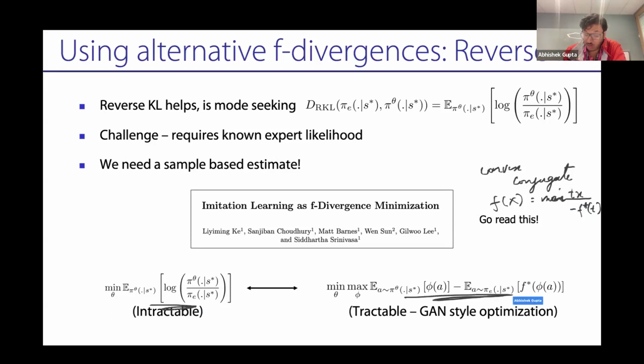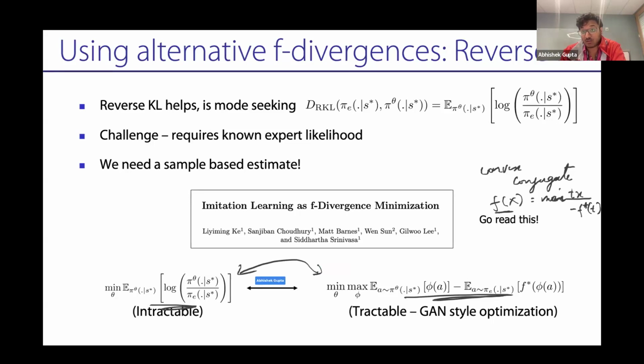When you go read the paper, just remember that the main trick is using this definition of the convex conjugate. Whenever you have a function f, you can always express it as a maximization in terms of the convex conjugate. That allows you to take this objective over here and convert it into this min-max objective.